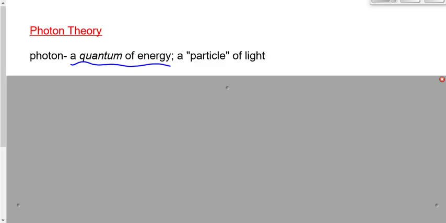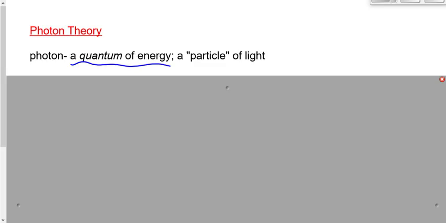So we're now saying that light exists as a wave, like we have been since the beginning of this unit, but we're saying as well that light exists as a particle, like a rock, like a stone. Okay, if you have a beam of light, it is a wave, but it's also this stream of rocks that are being thrown.